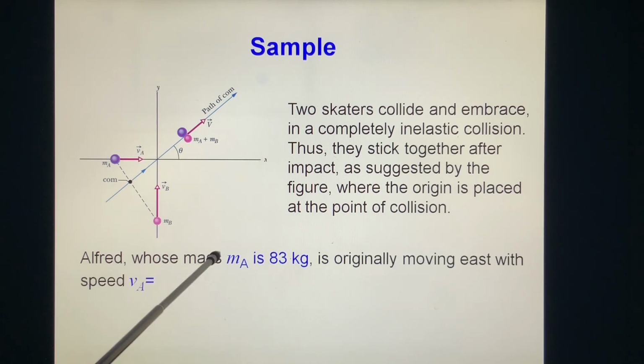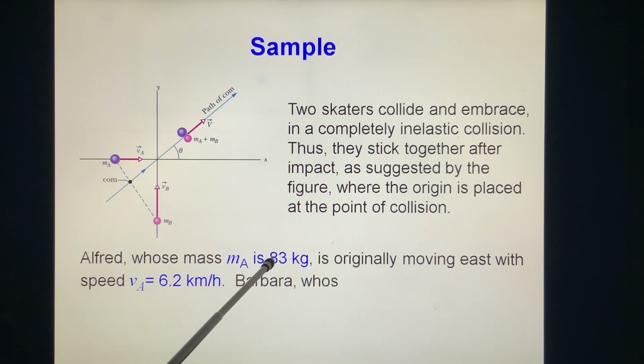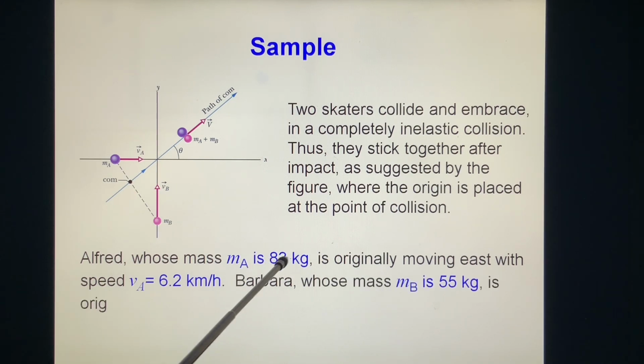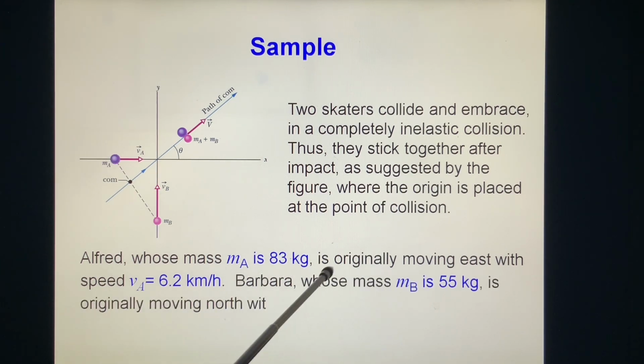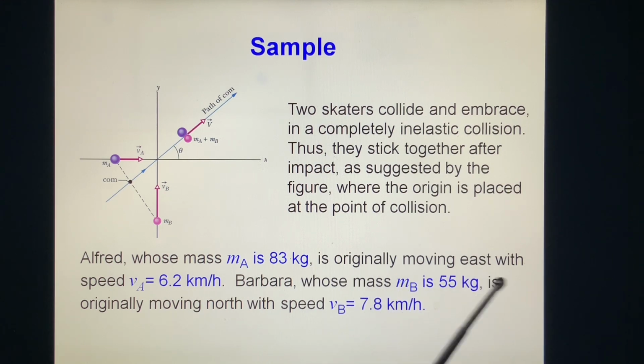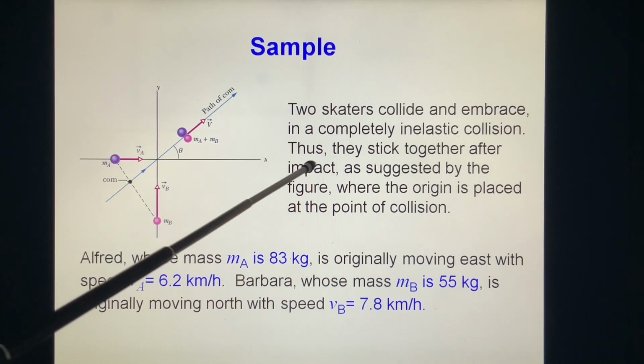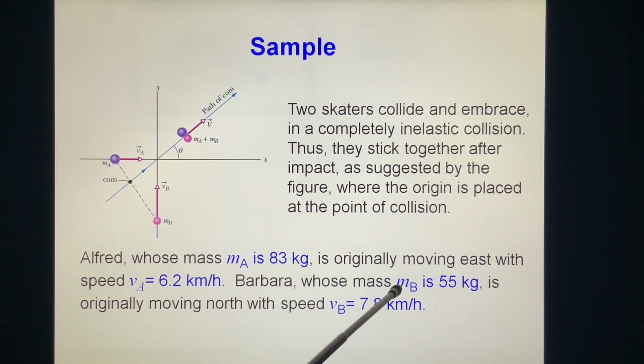Alfred, whose mass MA is 83 kilograms, is originally moving east with speed VA of 6.2 kilometers per hour. Barbara, whose mass MB is 55 kilograms, is originally moving north with speed VB of 7.8 kilometers per hour.